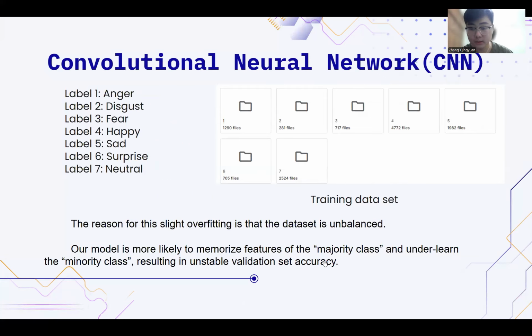And the reason for the slight overfitting is that the dataset is unbalanced. The dataset we choose is RAF-DB. You can see that label 4 has 4,000 files, but label 2 only has 200 files. So our model is more likely to memorize features of the majority class and underlearn the minority class.